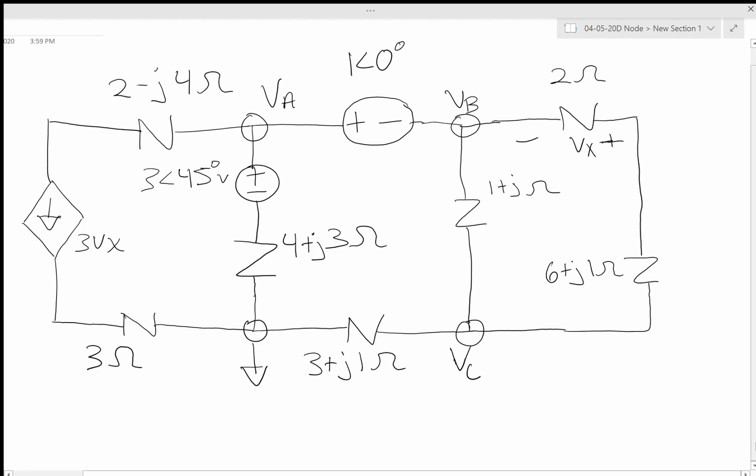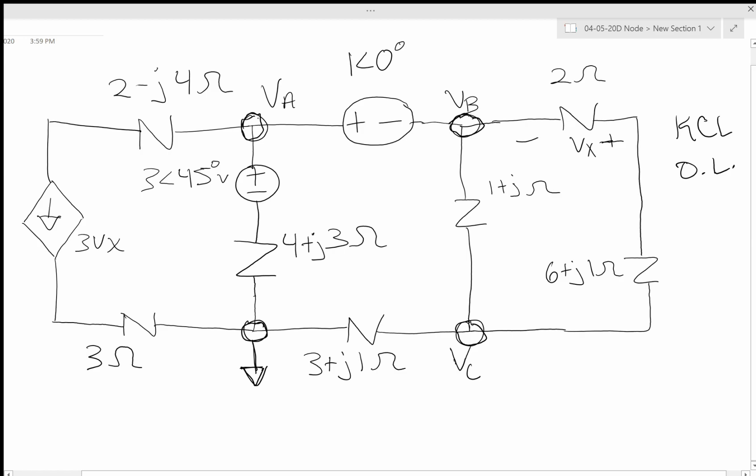So once again, the first thing I do is I go in and I define the nodes: VA, and in this case, I have 4 essential nodes. I'm going to make one of them ground, and there's that one. And remember, we're writing KCL equations in terms of Ohm's law, if at all possible.